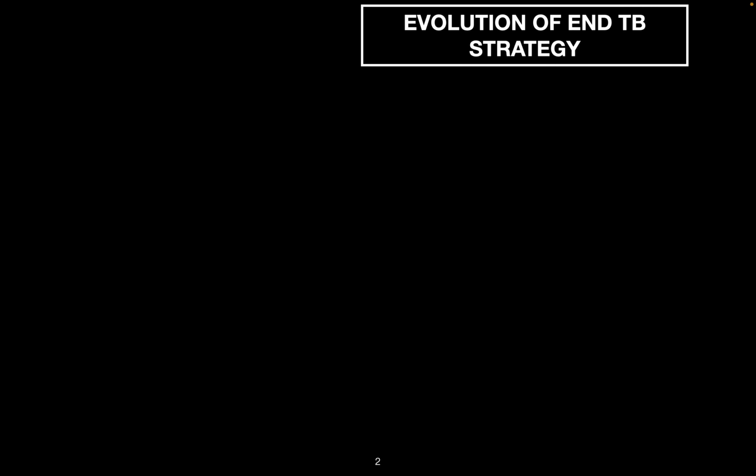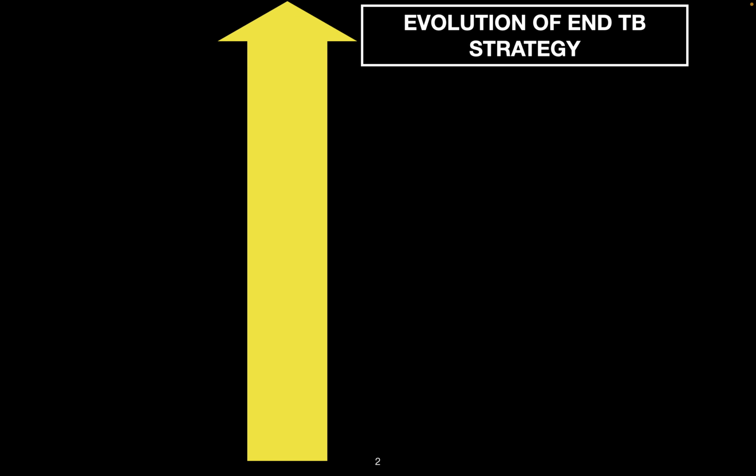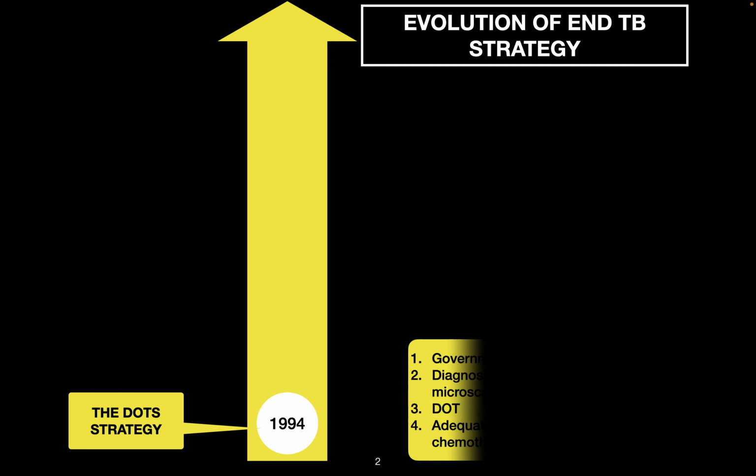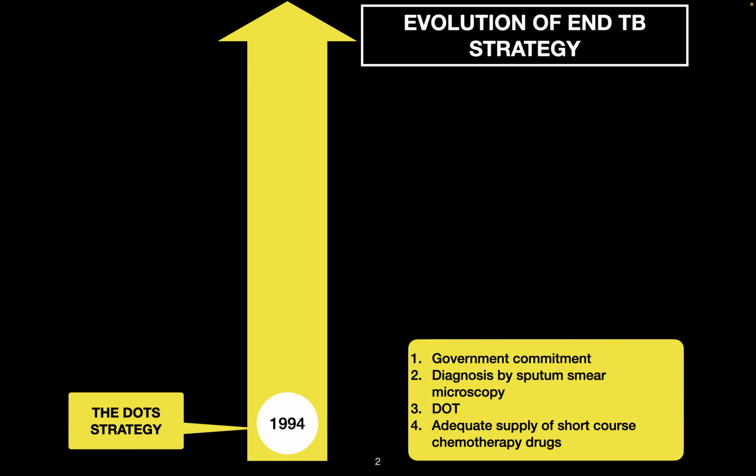Right. So if you go and see the evolution of the TB strategy, it goes back to one of the very profound and prominent strategies called the DOTS strategy. The DOTS strategy basically talks about government commitment. There should be a strong government commitment.